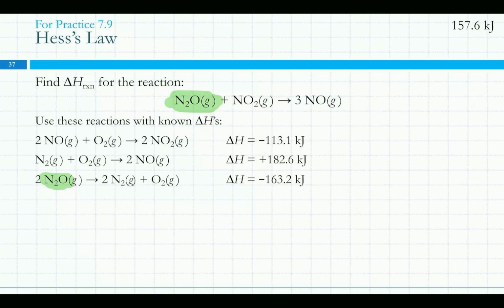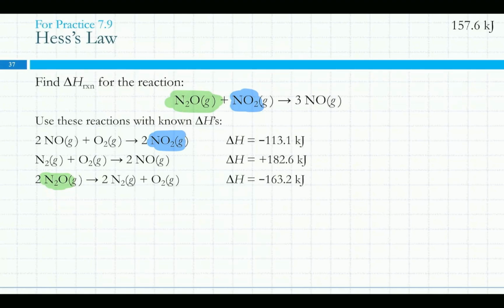So I'm probably not going to be flipping that reaction. The other thing we're looking for is nitrogen dioxide. So nitrogen dioxide is a reactant, or I want it to be a reactant to my final product. And which of my 3 reactions has nitrogen dioxide? The first one, but it's a product.